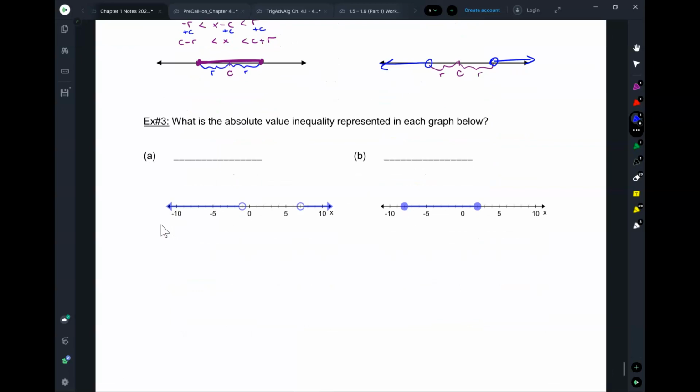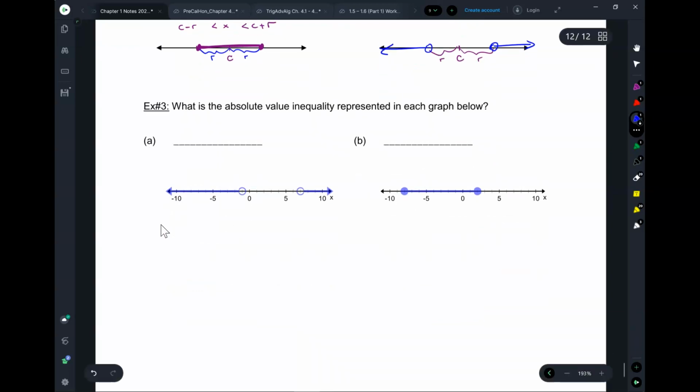Okay, so let's use that to come up with the absolute value inequalities that go with each of these diagrams. So I need center and radius. The center, between these 2 points, is the midpoint. And remember how to find midpoint. This is -1 and 7.